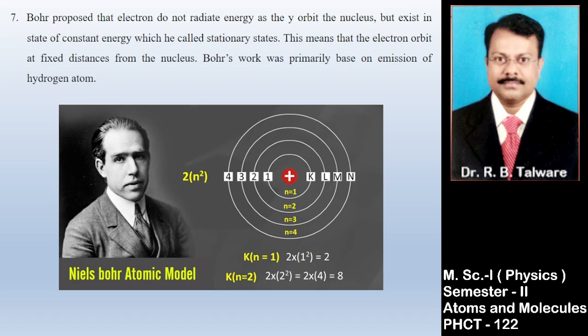For example, K is the first orbit, n is equal to 1. Using this equation 2n squared, the number of electrons present in the first orbit is 2, second one is 8, third one is 18, and fourth one is 32. This is the distribution of electrons.